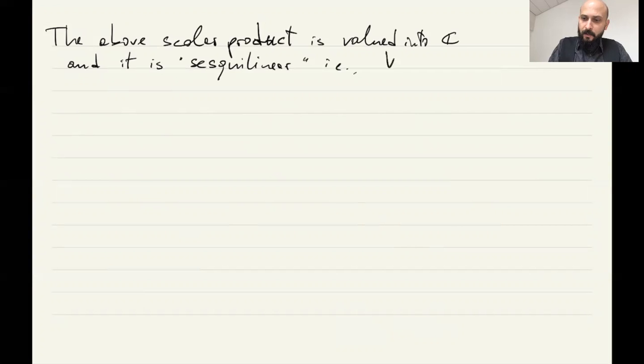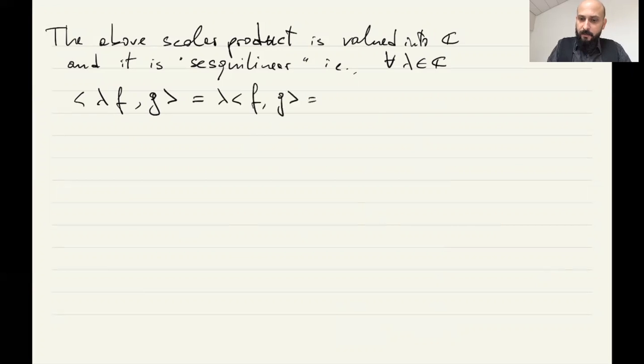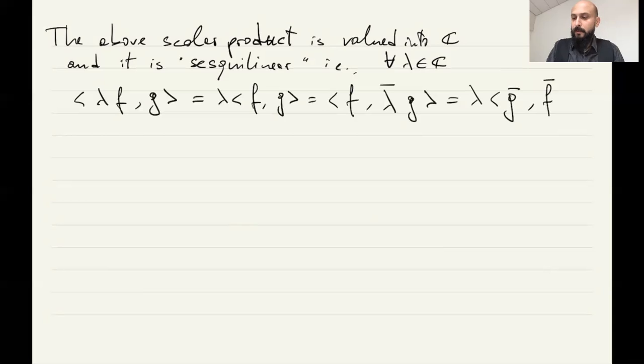That is, if you multiply the first entry by lambda, the scalar product gets multiplied by lambda, but if you multiply the second entry, it changes by lambda bar. And it is not symmetric, but if you swap f and g, you get the conjugate of the scalar product.